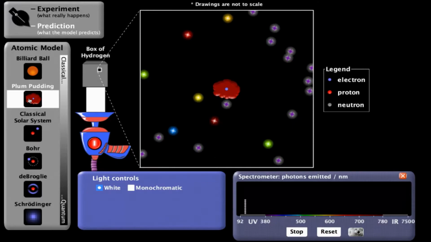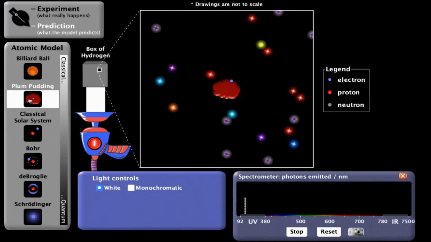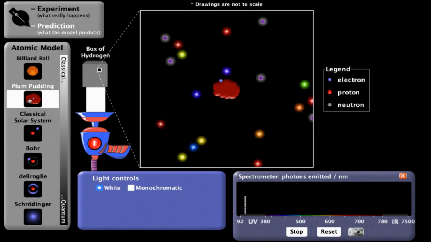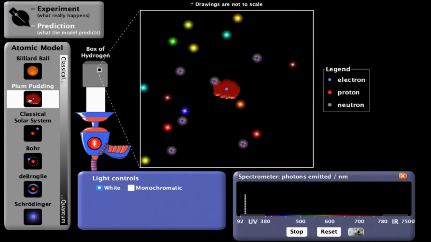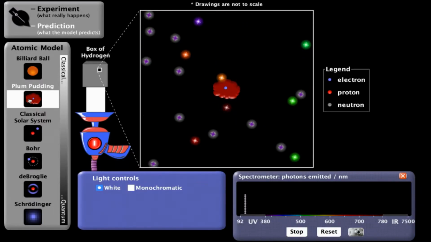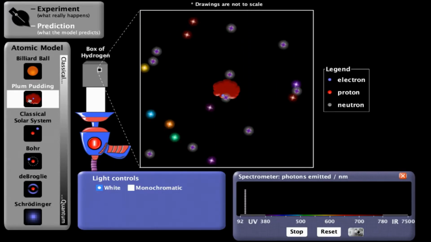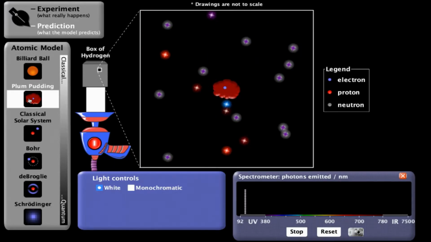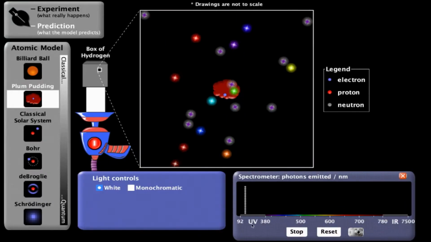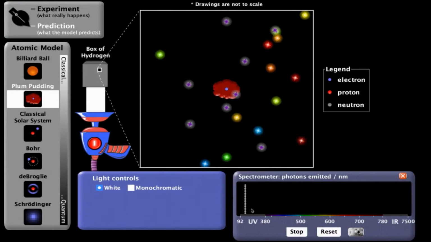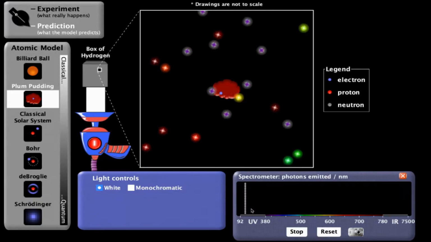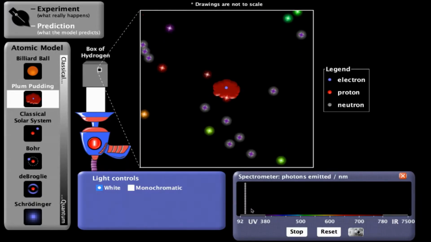This model is saying that any light wave can be absorbed, so any color can be absorbed, but it's always going to release the same wavelength of light. That's not too important, we look more at that next year, but just so you know what's going on down here.